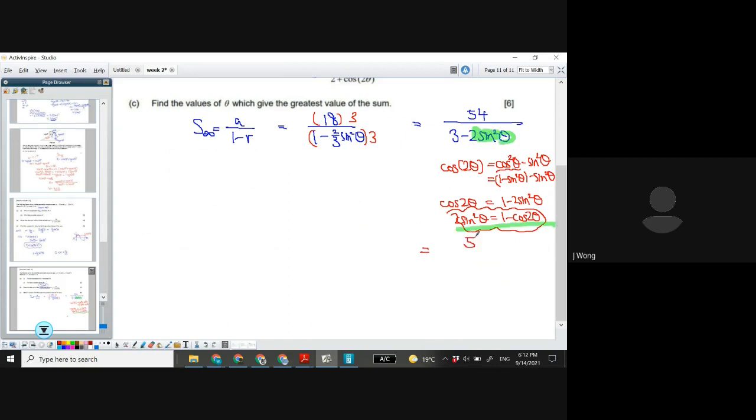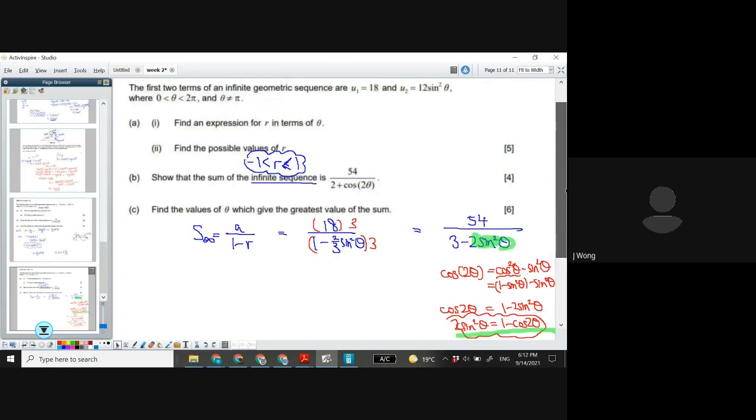So I have 54 all divided by 3 minus bracket 1 minus cos 2 theta, which I will end up with 54 all divided by 2 plus cos 2 theta as a result. This is what they have as well. So that will be part B.